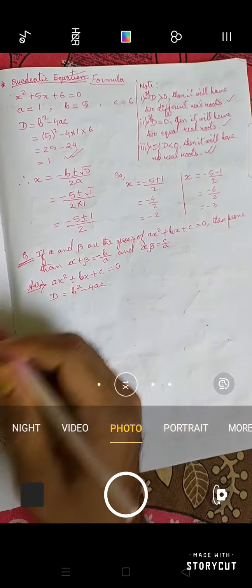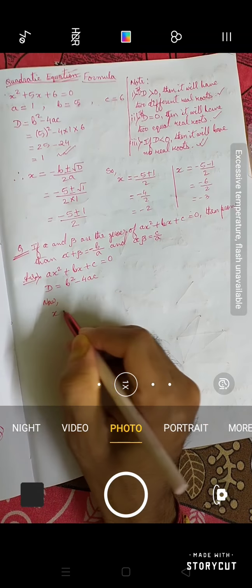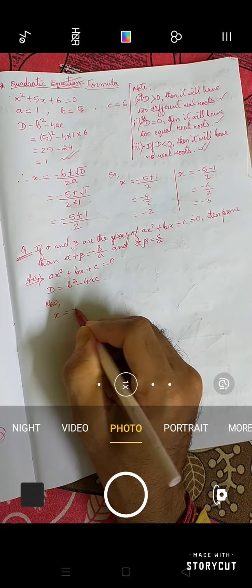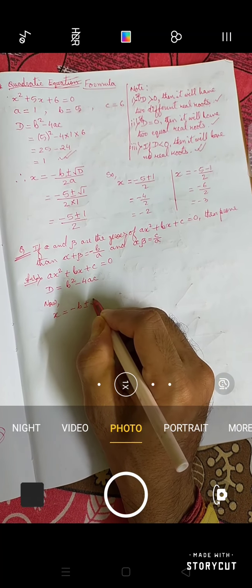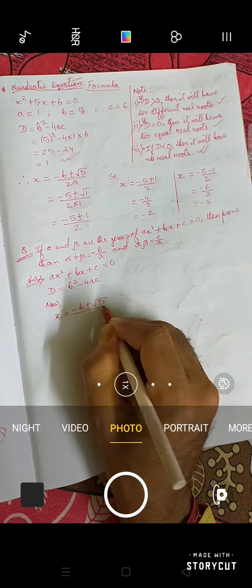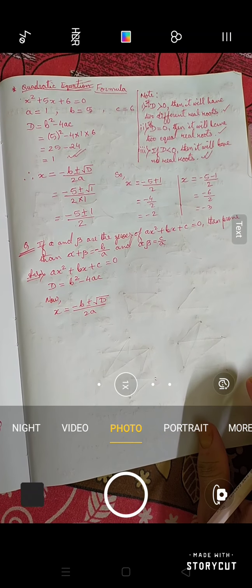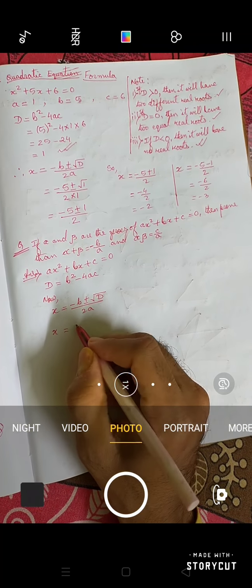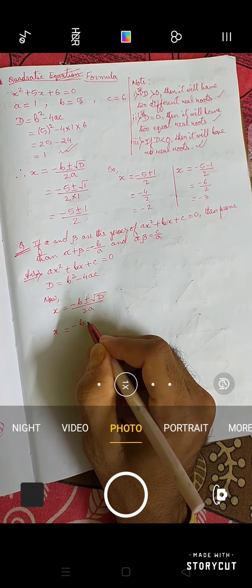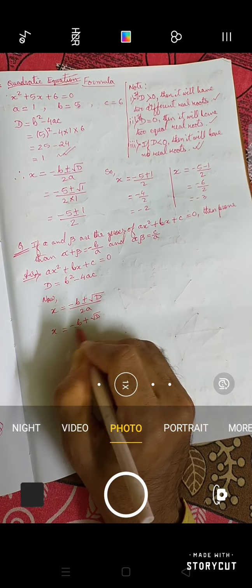Okay. Now we know that x is equal to minus b plus minus root over D by 2a. Correct? Now x is equal to minus b plus root D by 2a.